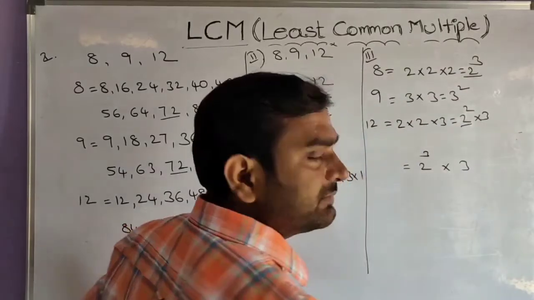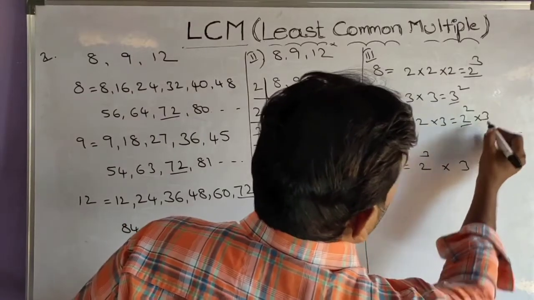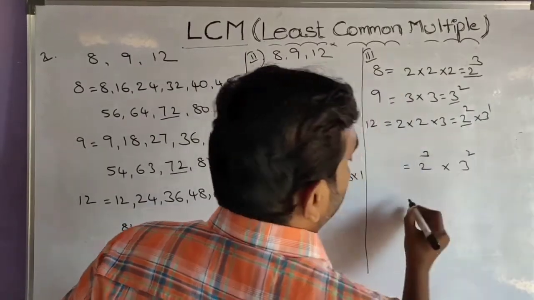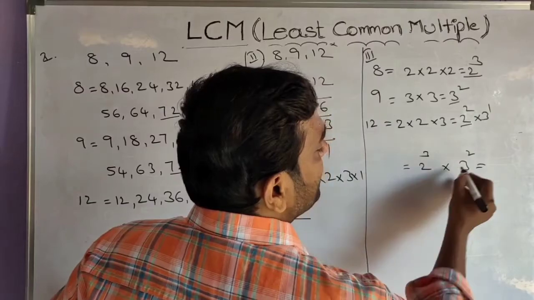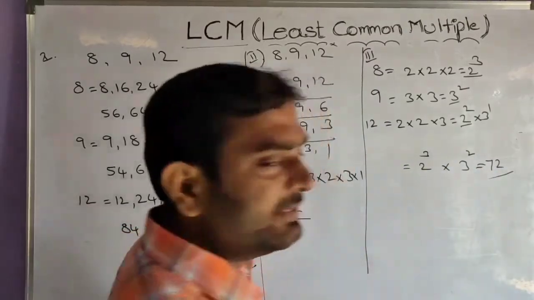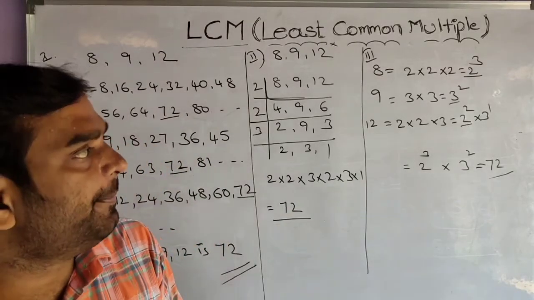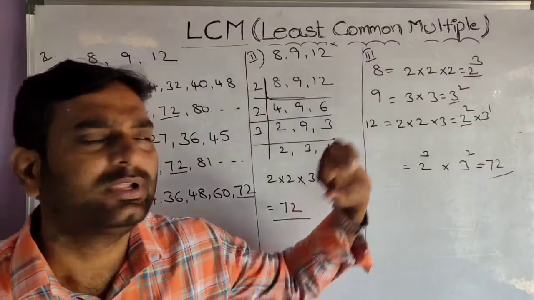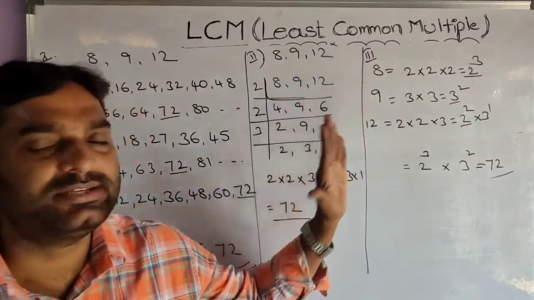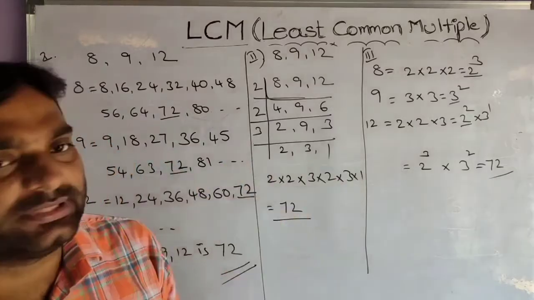Take highest power, that is 3. And for 3, here we have 3 square and 3 power 1. So take 3 square. 2 cube is 8, 3 square is 9. 8 into 9, 72. Okay, 72 is the LCM of given three numbers, those are 8, 9, 12. Okay, we know these three methods.